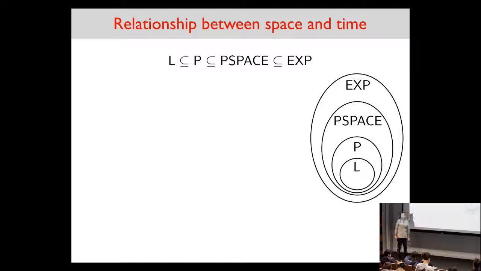So this is our picture. Okay? So nested structure, L is contained in P. Now P is contained in PSPACE. Why? Why is P contained in PSPACE?